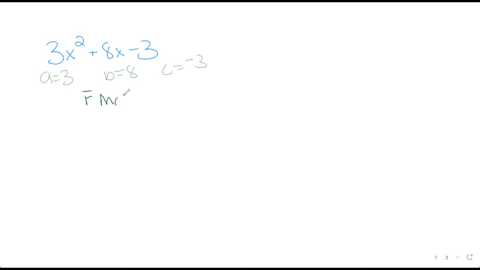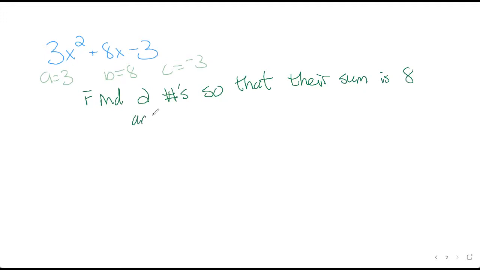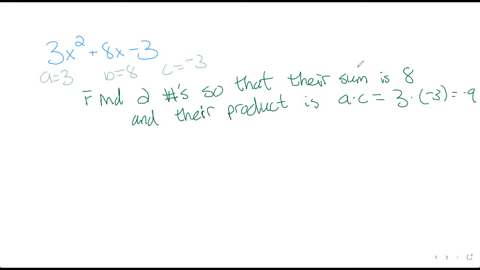So find two numbers so that their sum is 8 and their product is a times c, which is 3 times negative 3, equals negative 9.